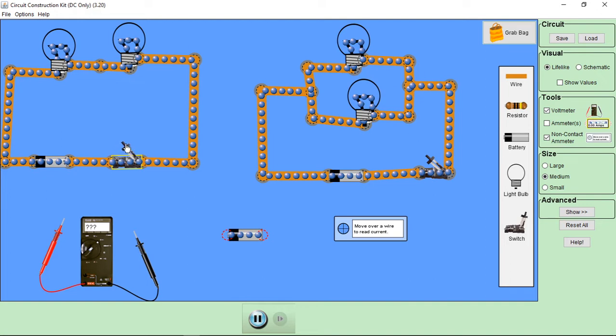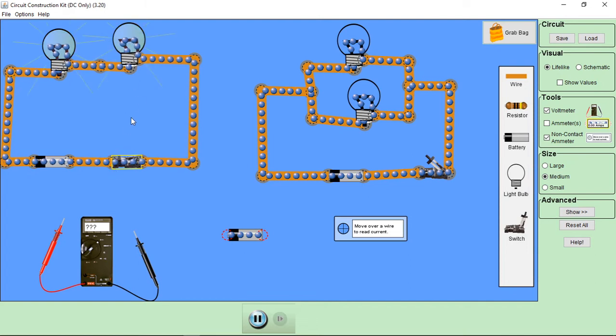We want to count within 1 minute and see how many electrons pass here, this particular point.